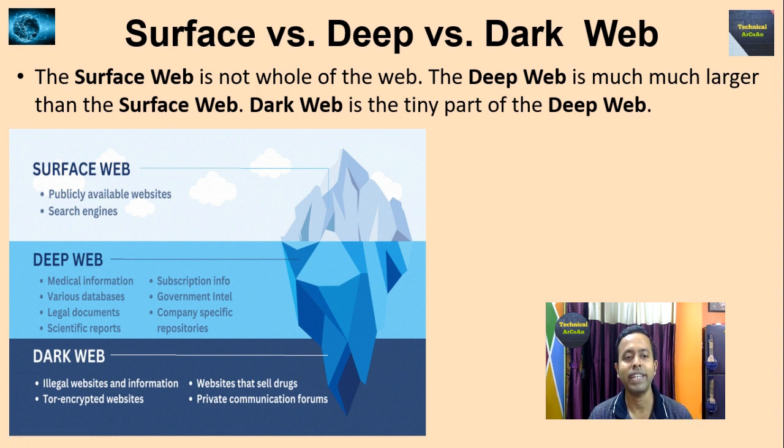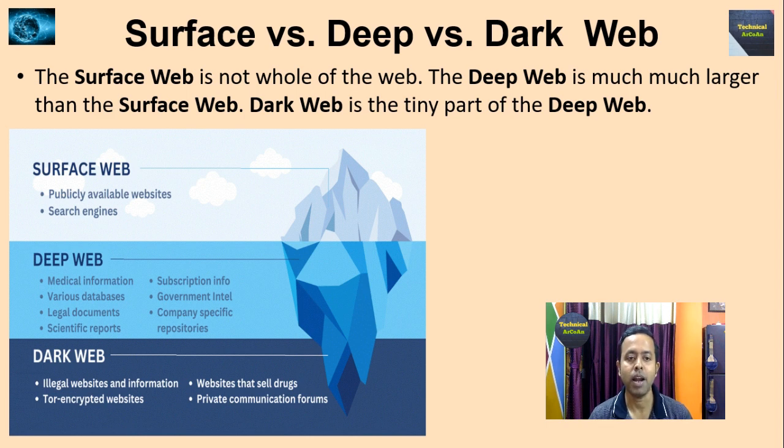And in the middle is the deep web, where some medical information, various databases, legal documents, scientific reports, subscription info, government intelligence, company specifications, repositories, etc. can be stored, which is also the hidden web.